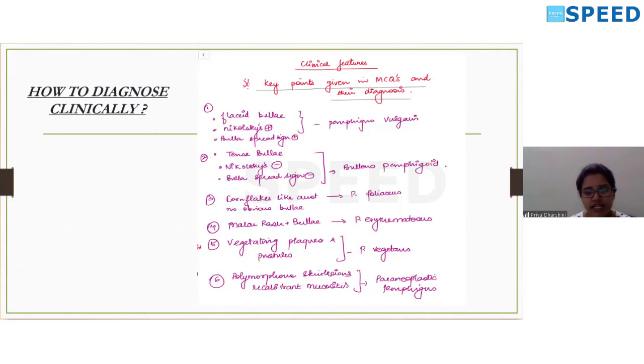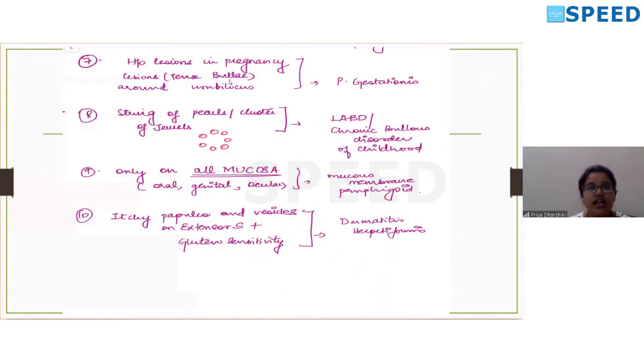And polymorphous skin lesions of various morphologies like vesicles, bullae, hemorrhagic bullae, ulcers, many things can be present in paraneoplastic pemphigus, which is associated with malignancy, as I told earlier. Recalcitrant mucositis is also a very significant finding in paraneoplastic pemphigus. So if they give any such key pointers in the questions, you can diagnose with this key pointer.